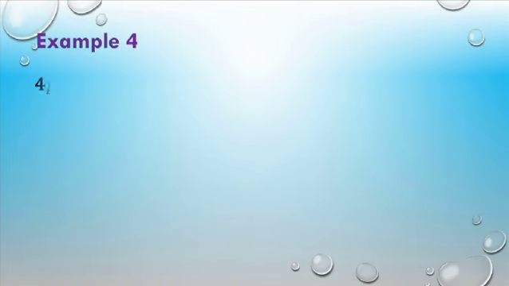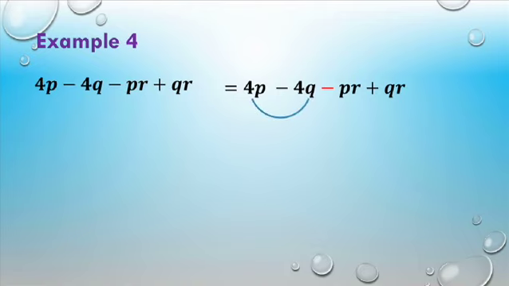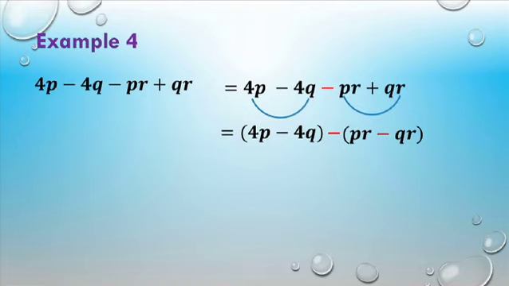A fourth example, 4p minus 4q minus pr plus qr. So I'm going to consider the first two terms together and the last two terms together. So again, I have a minus which separates the second and third term. So I need to be careful. The first two terms will be 4p minus 4q minus, now for the second bracket, I have pr minus qr.